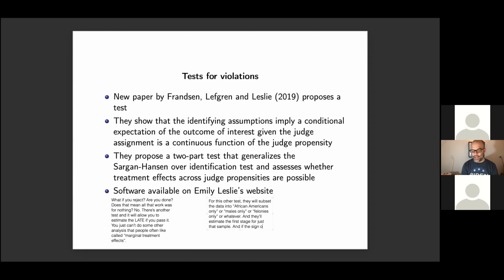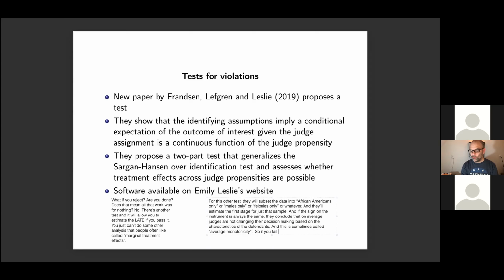And if the sign on the instrument is always the same, they conclude that on average, judges are not changing their decision-making based on the characteristics of the defendants. And this is sometimes called average monotonicity.